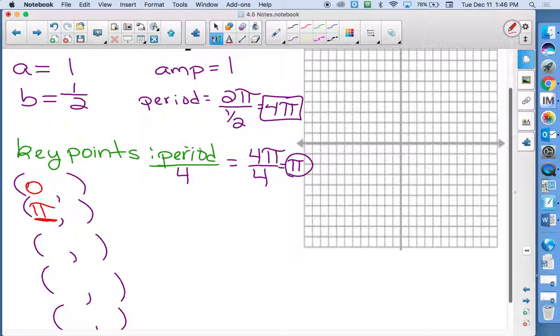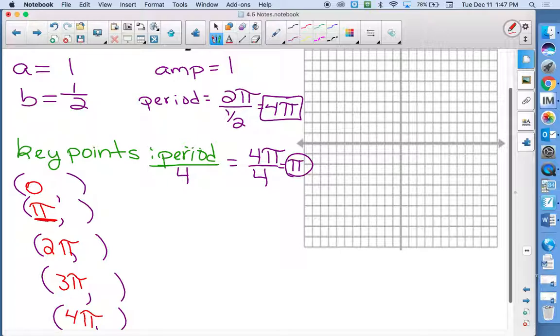So Brandon, your third angle would be 2 pi. Your fourth angle is 3 pi, and then your last angle would be 4 pi. So you're using this key point value to find the angles of your graph. So instead of having pi over 2, pi, 3 pi over 2, 2 pi, we're now counting by pi. We're increasing by pi. Questions?